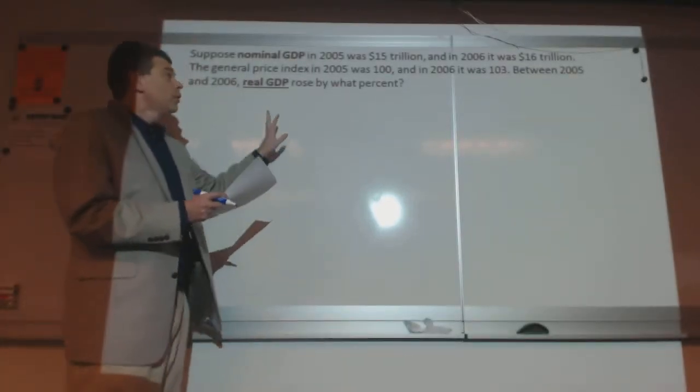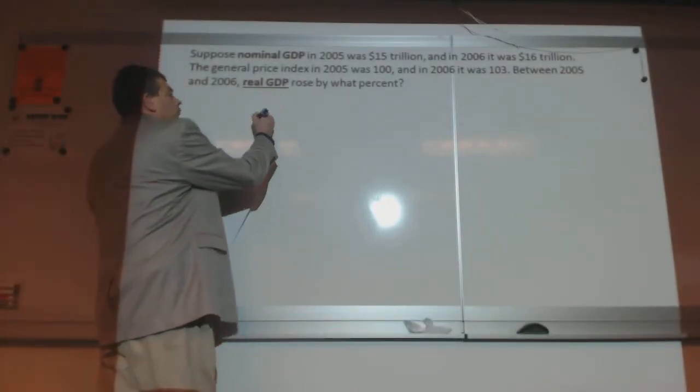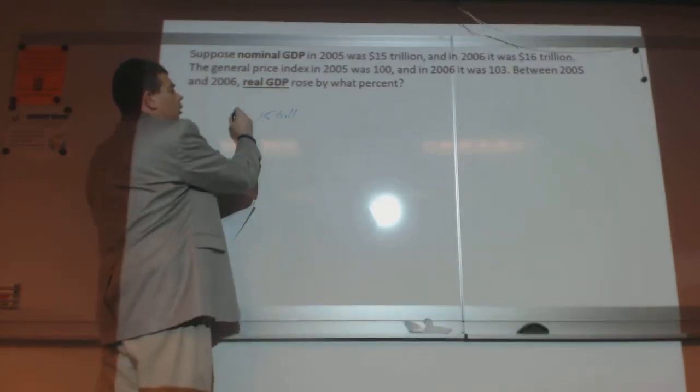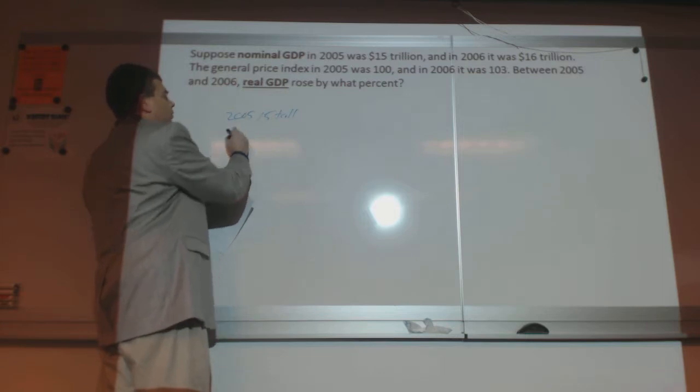We discussed the concept of gross domestic product, right? Gross domestic product, as we know, is a measurement of how well the economy is doing. And in this scenario here, you're comparing GDP, right? You have GDP in year 1, which is 15 trillion, and you have GDP in year 2, so it says 2005, 2006.